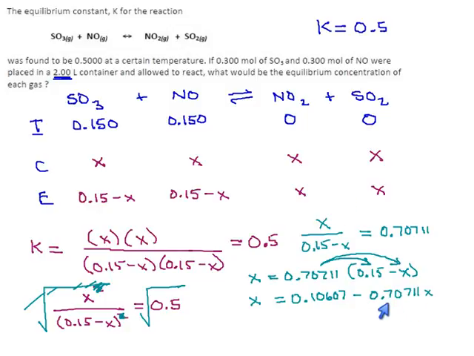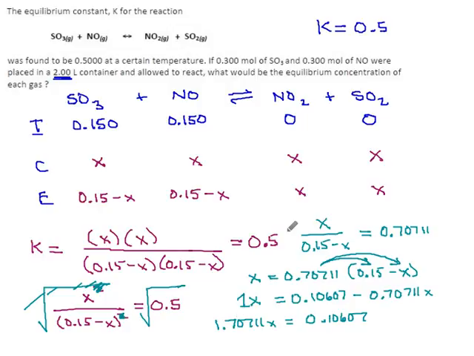We'd like to get all our X's together on one side. We have a 1X over here. This X means 1X. If we take these X's over to the left, they become positive. Or you could say we're adding this to both sides, and we get 1.70711X equals 0.10607. And then we divide both sides by 1.707.